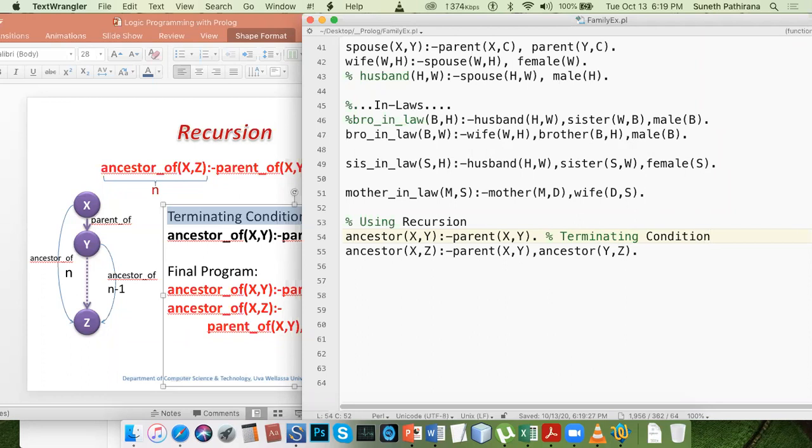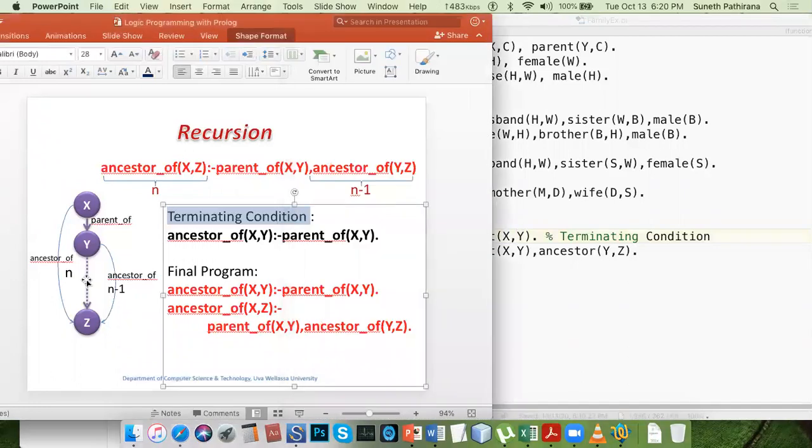Here, when X becomes the direct child of Y, that means there will be no dots.